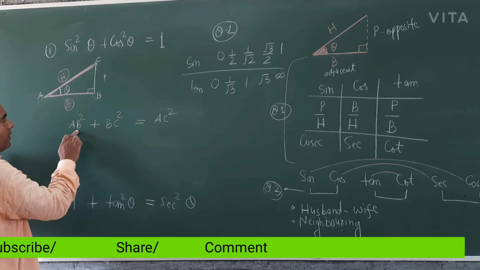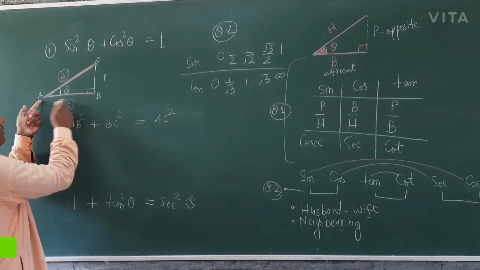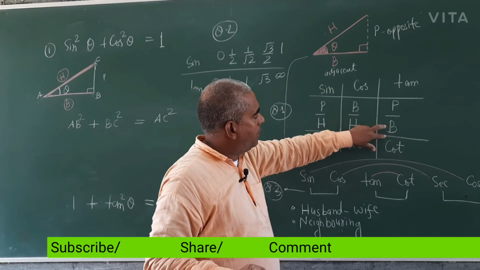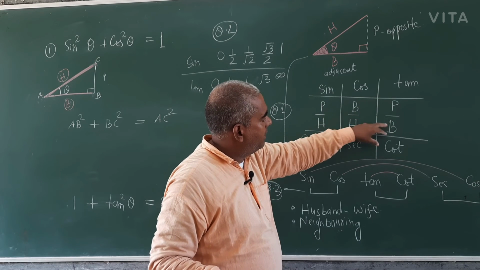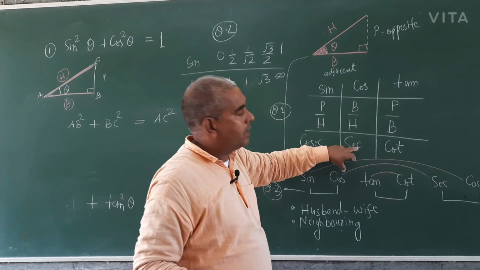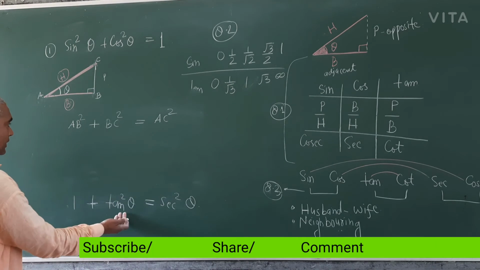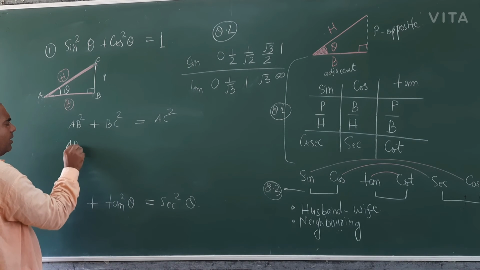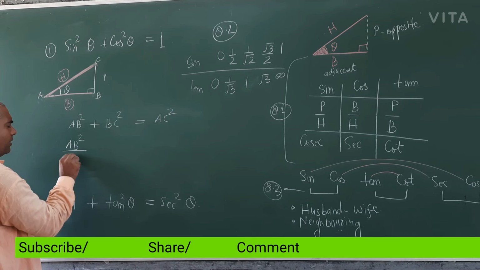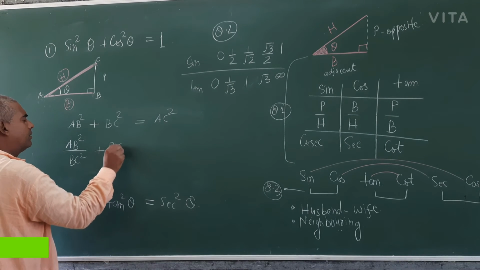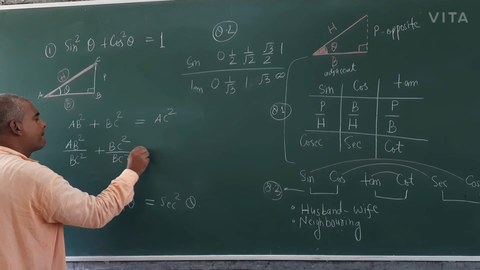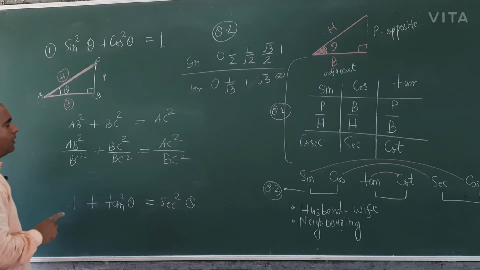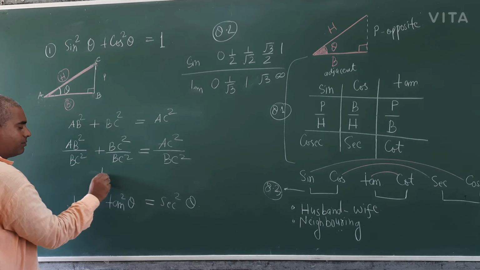When we divided by AB, meaning the base, we got base and base, tan and sec. Now if you divide by BC, the perpendicular, we get AB square upon BC square plus 1.